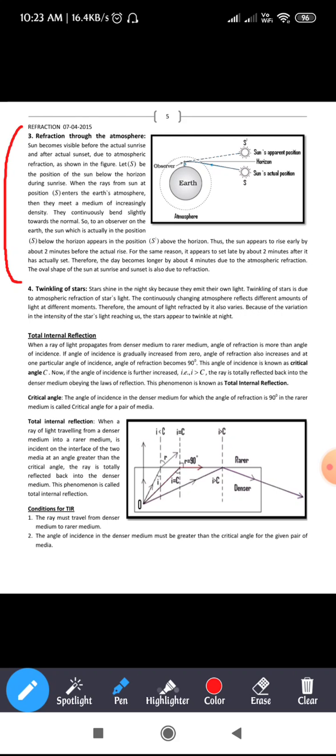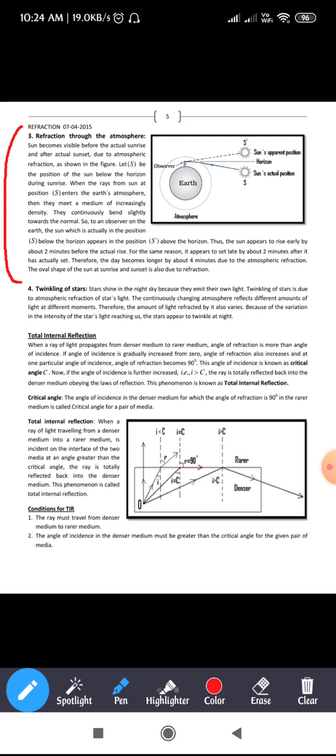when the sun rays reach us by passing through the different layers of the atmosphere, the density keeps on increasing. So the sun rays travel through different layers of atmosphere of increasing density, hence they bend slightly towards the normal.